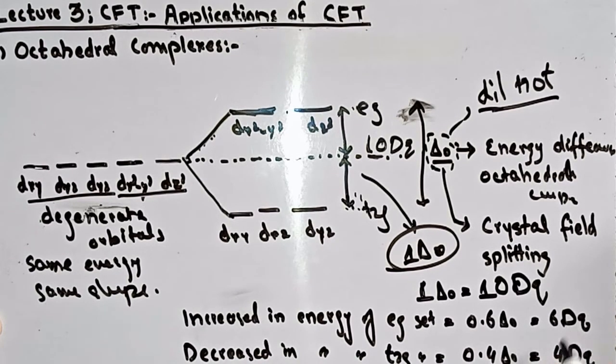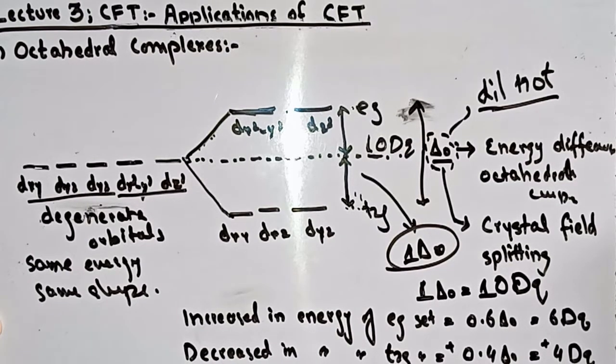When we add these, the total is 10 Dq, which is equal to 1 del naught.